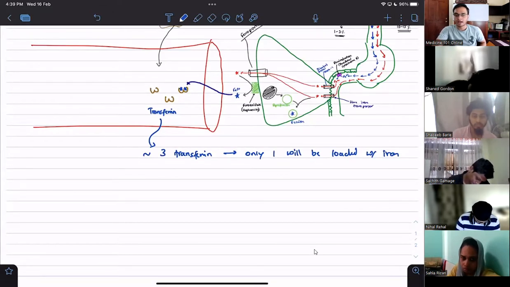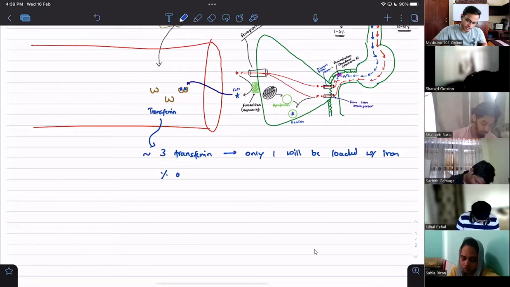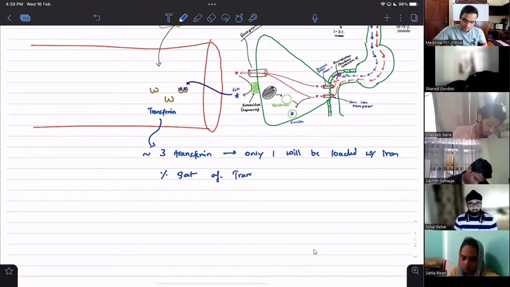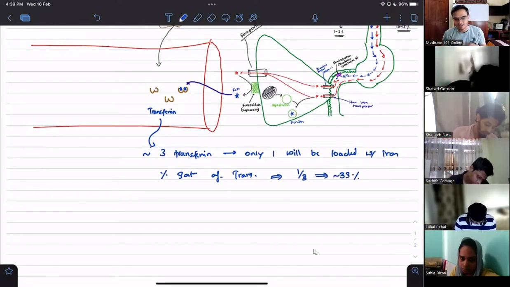So if I ask you what is the percentage saturation of transferrin, this is about 1 in 3. If you take the percentage, it is about 33%, roughly.